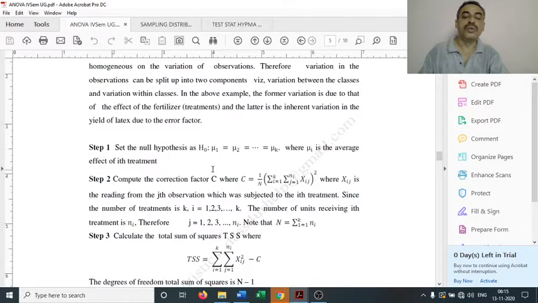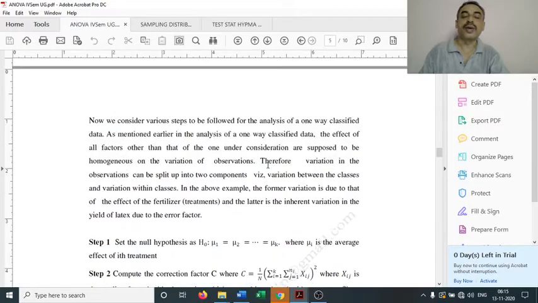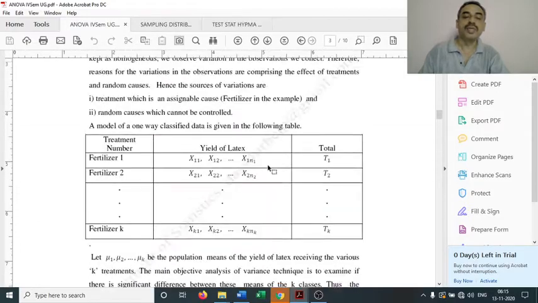Secondly, we compute the correction factor. The correction factor is 1 by n times the square of the sum over i equals 1 to k and j equals 1 to ni of xij. This means the sum of all the observations is taken first, x11 plus x12 plus etc. x1n1, plus x21 plus x22 plus etc. x2n2, and so on up to the last row xk1 plus xk2 plus etc. xknk.